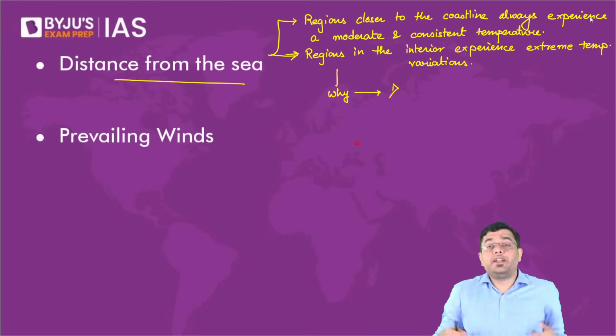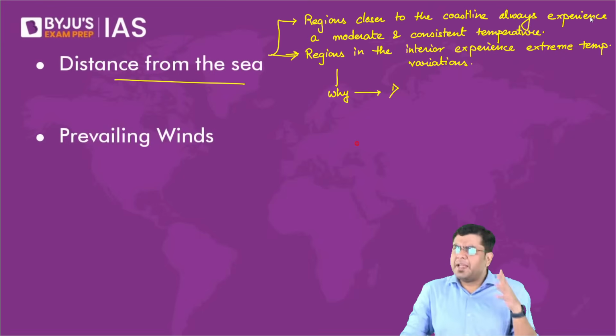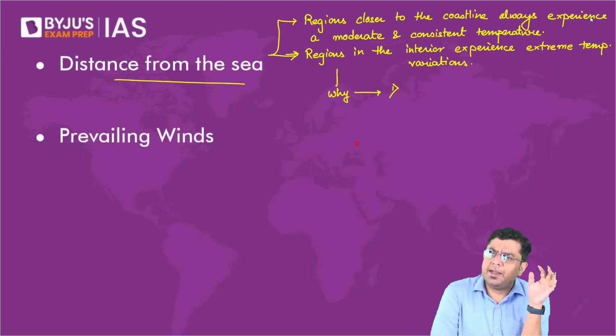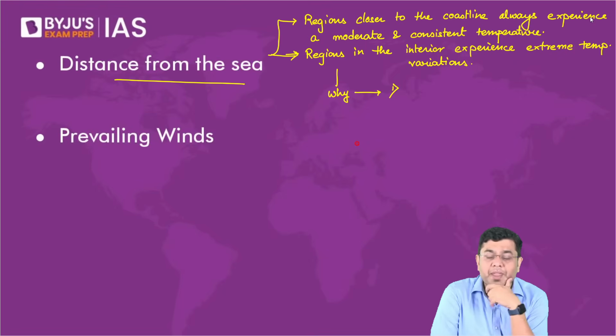It will never allow the temperature to be extreme. Imagine if there would only have been wind coming from sea to the land. If the sea would have been warmer, the land would also have gotten warmer. But continuously on a daily basis, you have a reversal of wind there. So that is why neither does the place get heated up significantly, nor does the place get cooled down significantly.